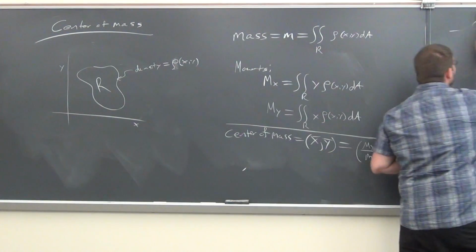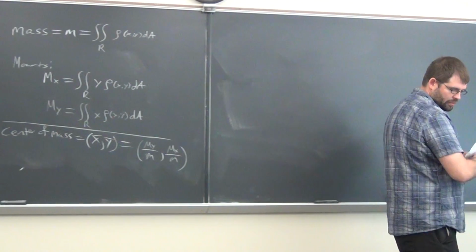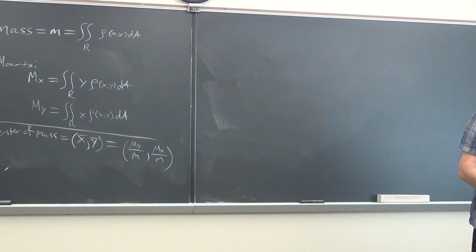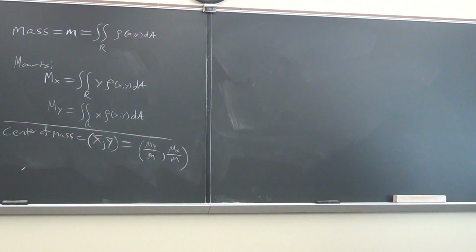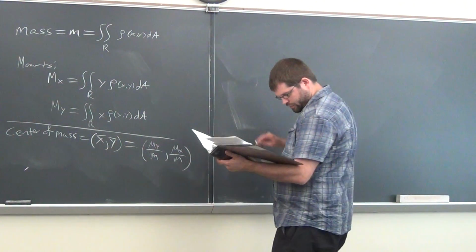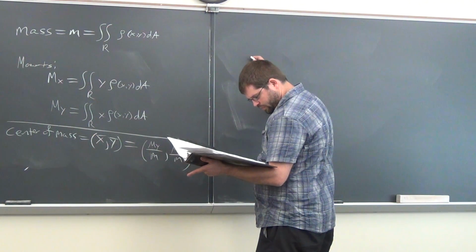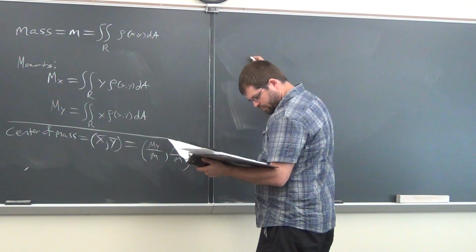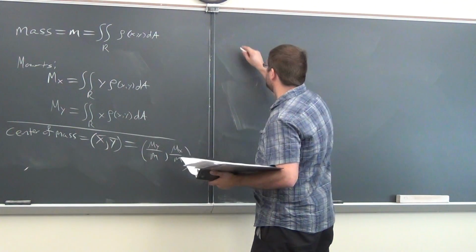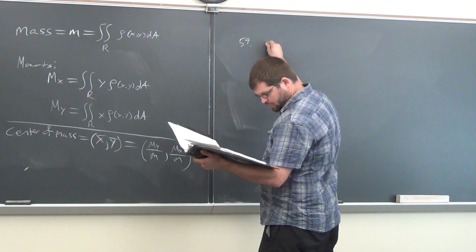So let's just do one example here. I don't like the one I wrote down. Let me grab a different one. So it says find the center of mass. This one happens to be 59, but it's a decent one.